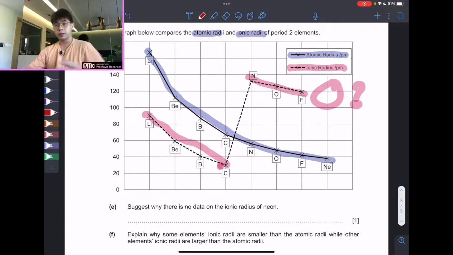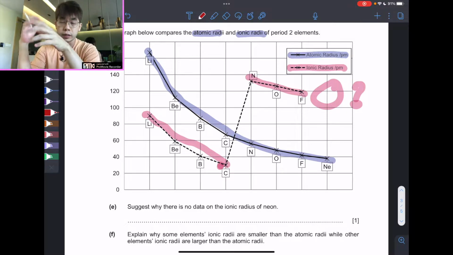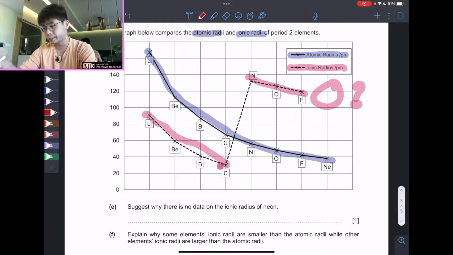So we have all learned that when an element forms an ion, it will get a full valence shell of electrons. So it loses or gains an electron to get the full valence shell of electrons. But what about neon? We should know that neon has an electronic configuration of 2.8, and that's already full.